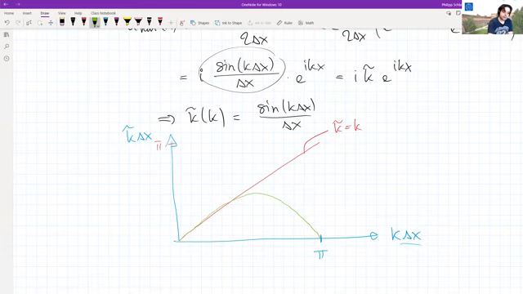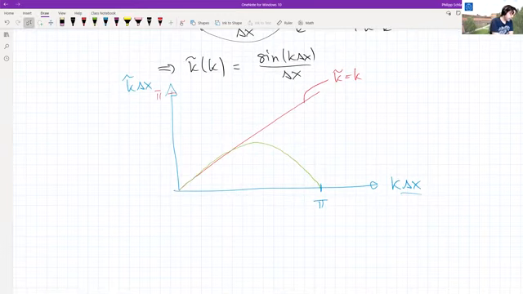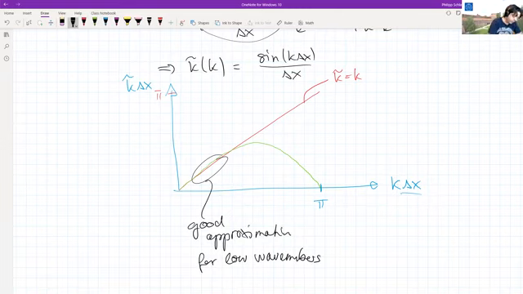And now I guess we can see what the problem is. In the region where we have low wave numbers, so large waves, we actually have a good approximation, because the green line, which is the modified wave number, is very close to the red one, which is the exact one.